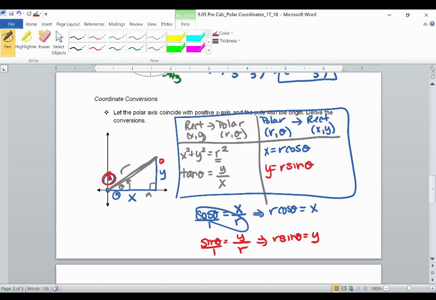So these are the formulas that you have to have memorized in order to convert from rectangular to polar, or from polar to rectangular. So really make it clear in your mind which direction you're going. Am I going from rectangular to polar? In that case, use this side. If you're going from polar to rectangular, use the other side.